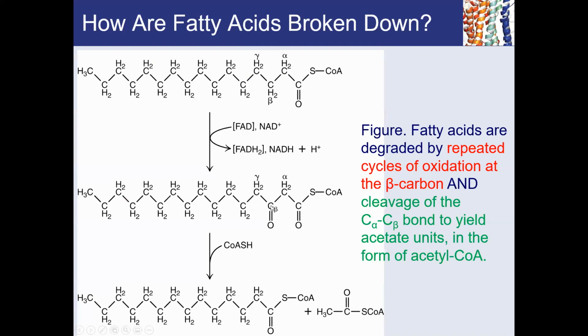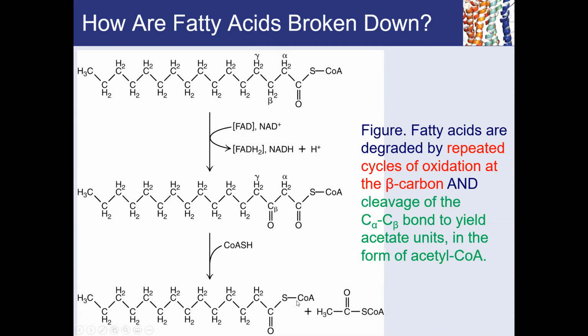Anyway, so that's what beta oxidation is. And once you have created this beta keto group, then you basically cleave the bond between alpha carbon and beta carbon. Okay, so you can see the cleavage, and in that process you generate a fatty acid that is activated.